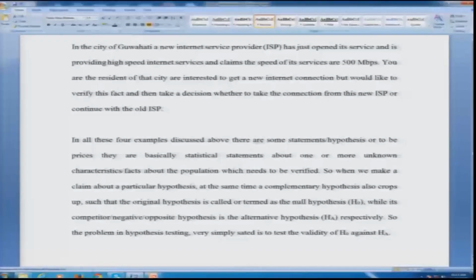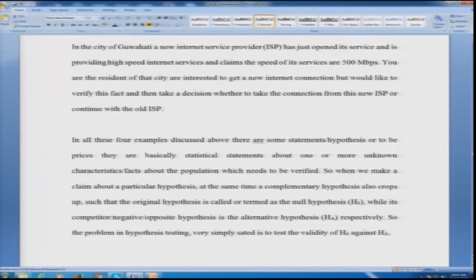In all these examples discussed above, some statements or hypotheses have been mentioned, which have to be verified, nullified, agreed upon, and so on. They are basically statistical statements made about one or more unknown characteristics or facts about the population, which need to be verified or refuted.